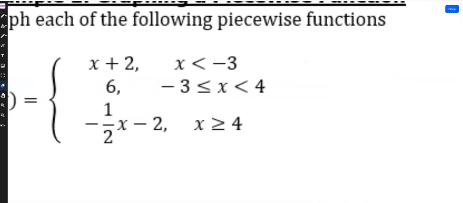A couple things before we start graphing things, just to think about the picture of what we're going to be doing. For instance, on the very first one, if you're writing this in interval notation, which is probably smart, I want to go from negative infinity all the way to negative 3.